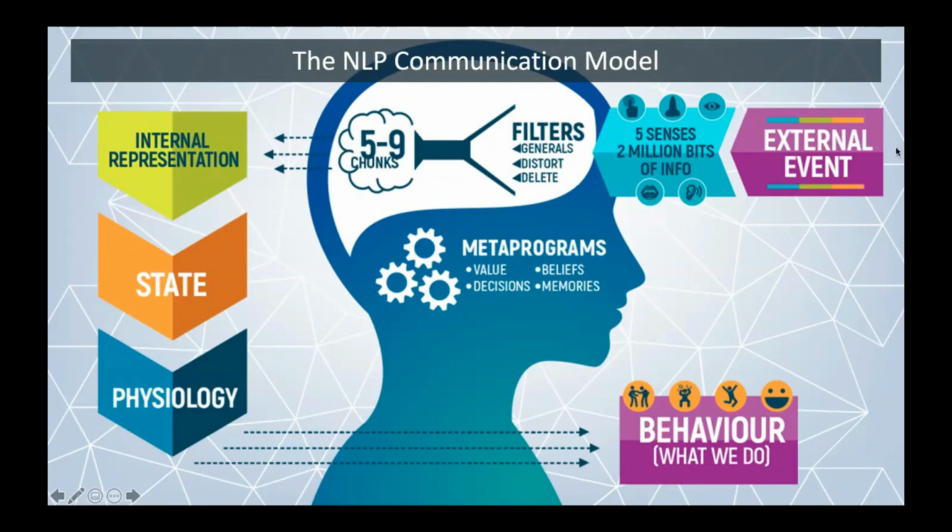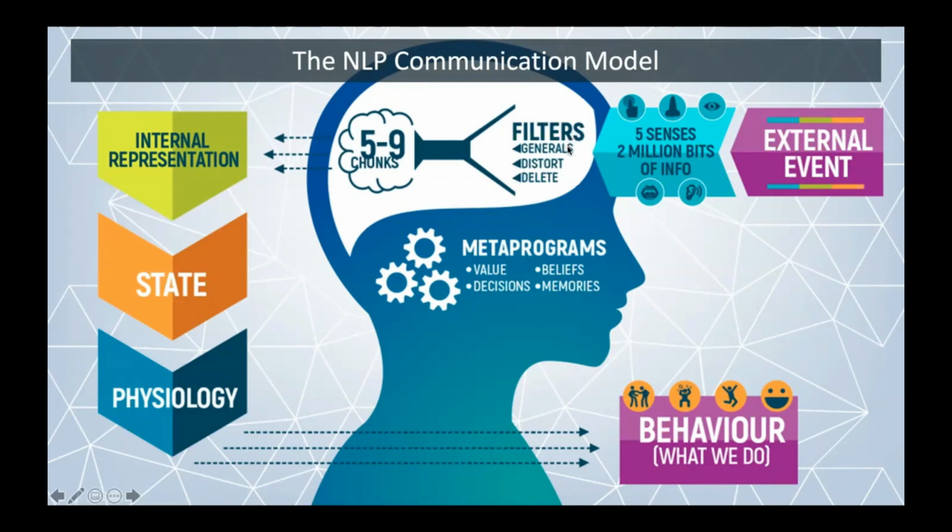In reality, that is 2 million bits of information per second, and yet we can't absorb all 2 million bits per second. It's just too much information. So it comes in and we have to filter it.